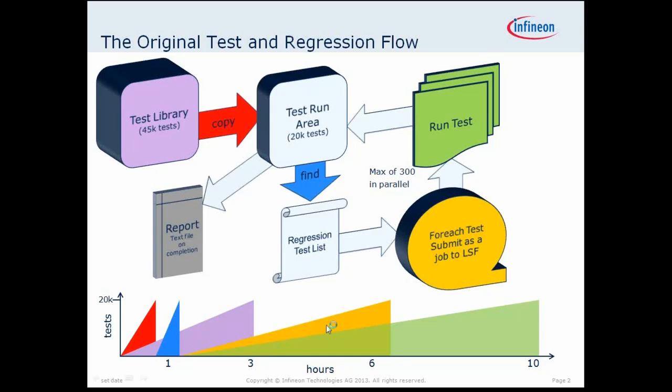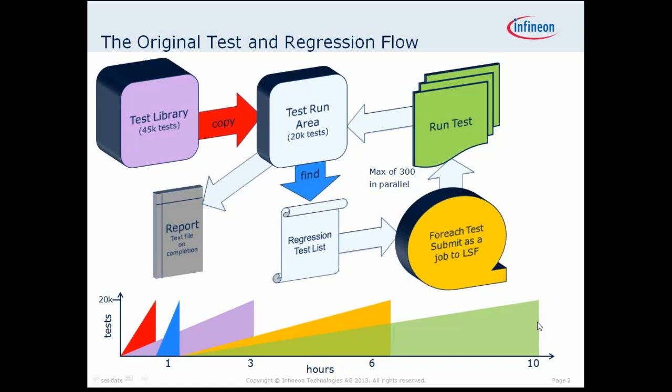The yellow triangle at the bottom represents how long it took to submit all of the 20,000 tests to the cluster. It took 1 second per test, which was almost 5 hours. Hence the reason we hadn't finished submitting our regression until 6 or 7 hours after we'd started.